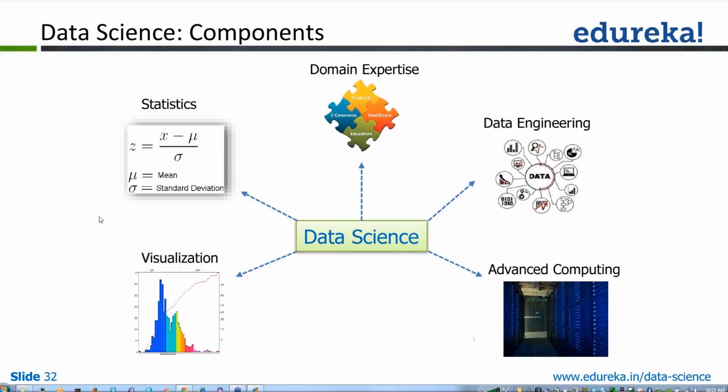You are supposed to understand the Hadoop platform, Cassandra, or whatever is of their interest, which is related to data engineering and advanced computing. And also they'll say, oh, you need to understand classification models or recommendation engines and stuff like that, which is about statistics. And depending on the company, they might also ask you about the visualization aspect as well.